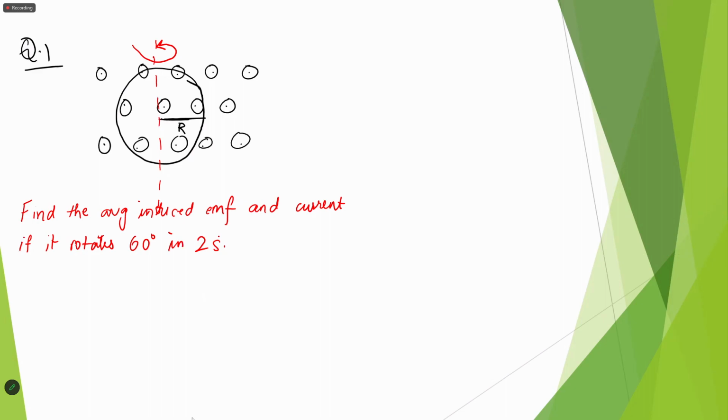Now, this is the coil, it is rotating. In 2 seconds, it rotated by an angle of 60 degrees. You are given this information, and you are supposed to tell me what is the average EMF and what is the average current. This is the question.